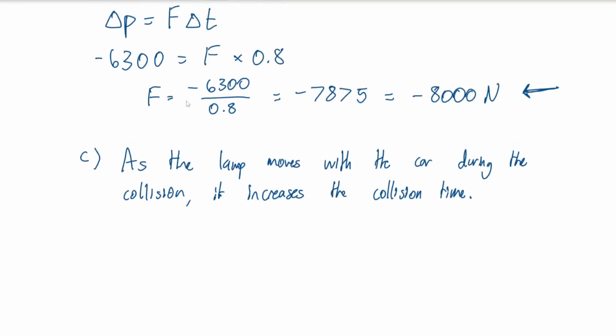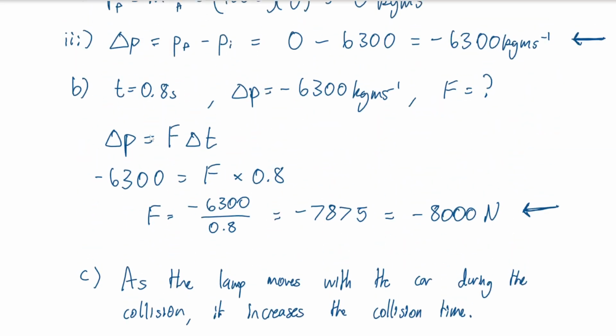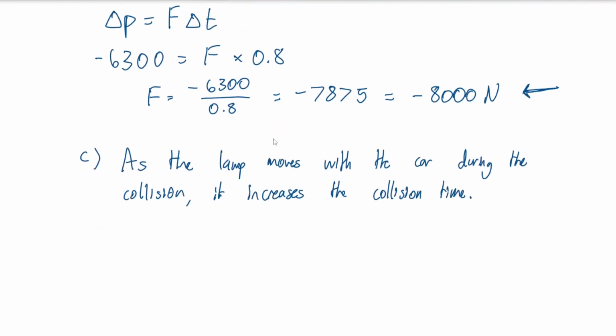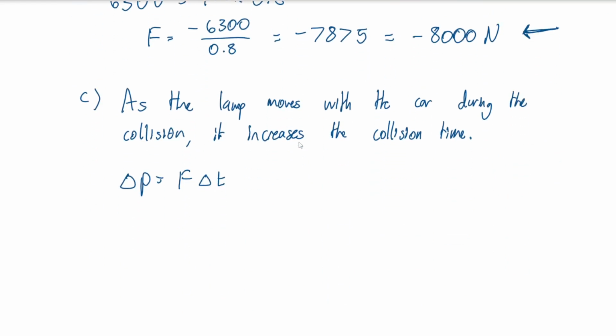And looking back at part B, we related force and time with this expression for impulse, right? Change in momentum. So let's just write that out again and rearrange for force. So we will divide both sides by a change in time.